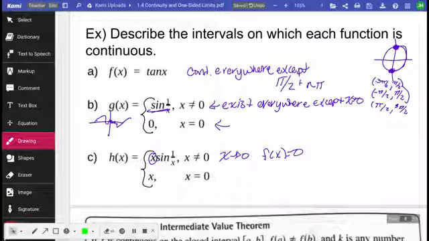It would be getting really, really close to 0 because of that multiplying by x, as we look at x getting close to 0. And then x is actually 0 here when I plug it in, and so f of x would equal exactly 0 there. It fills in the gap that the one above creates. And so it is continuous actually everywhere.